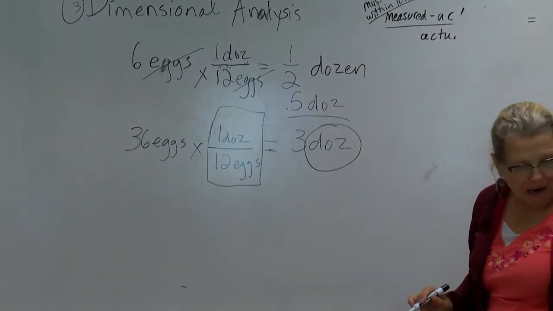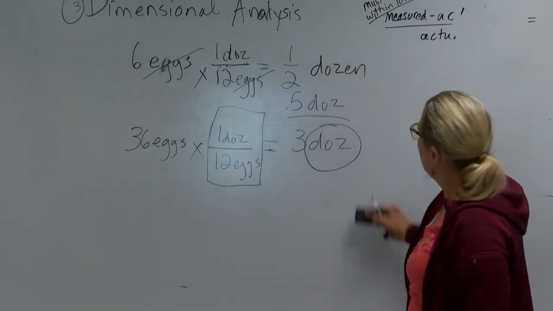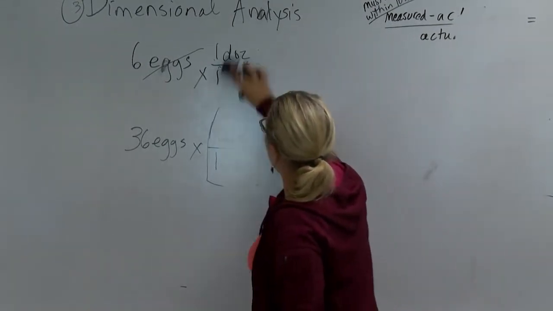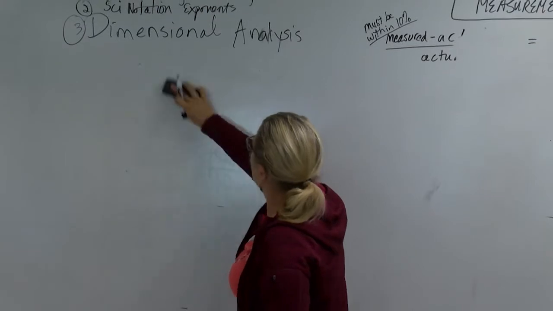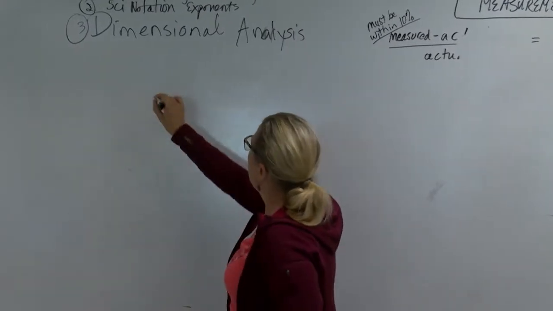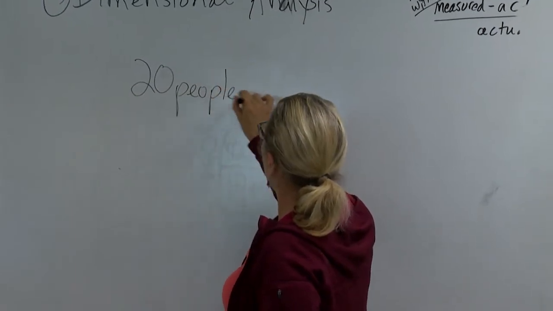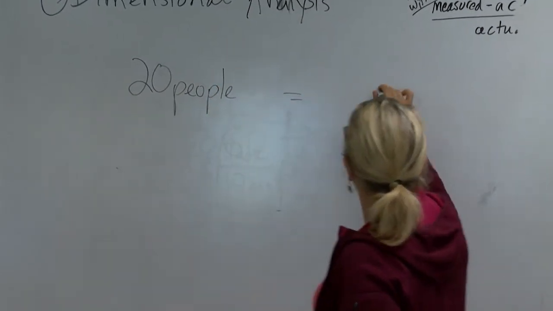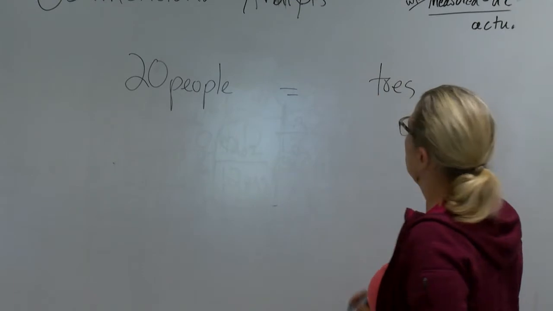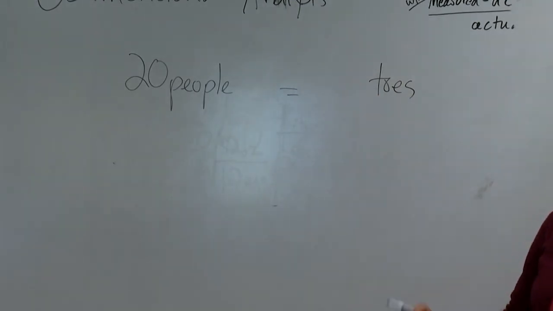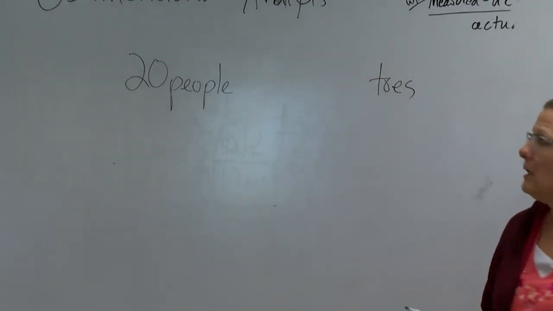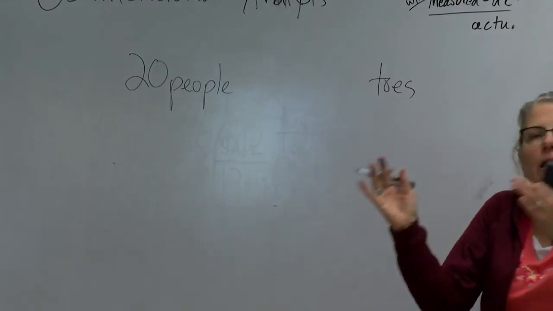Okay. Now, let's do another one that's very familiar. Let's say we have 20 people, and we want to know how many toes. Okay, how many toes is there? So we need to relate something with a person and toes.